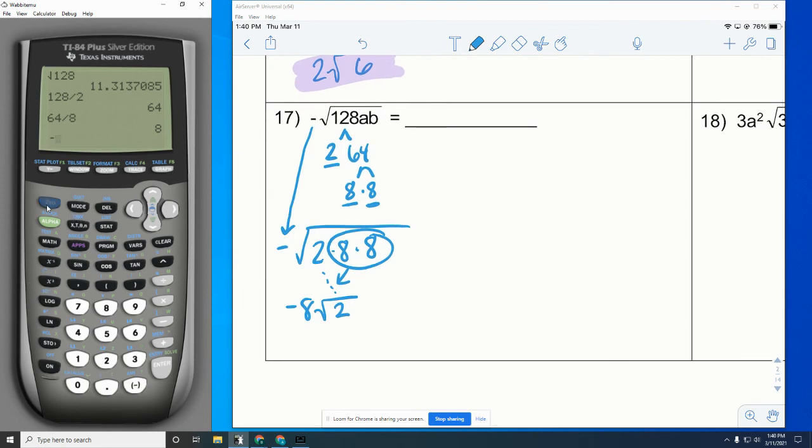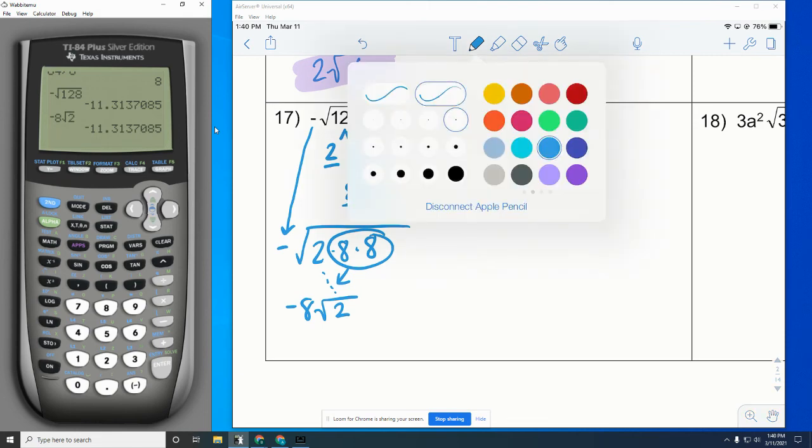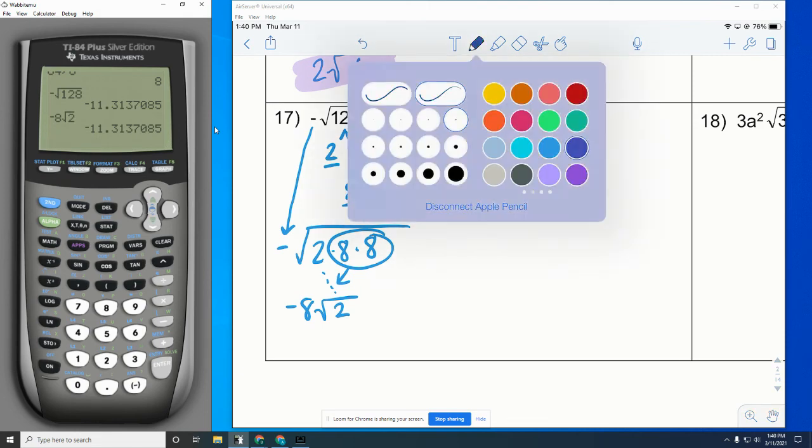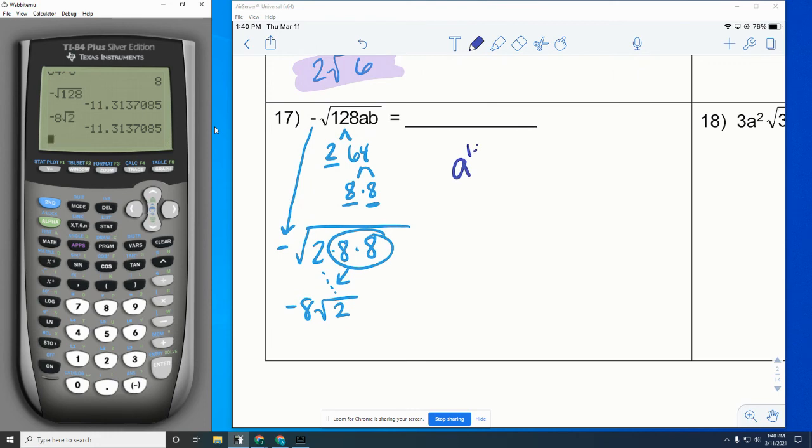If I do a quick check, negative square root 128 and negative 8 square root 2, same decimals. And then if I look at my exponents, my a's, I have 1 divided by 2, and that's going to be a 0.5, so that one's not going to go anywhere. B, I have 1 divided by 2, that's also a 0.5.